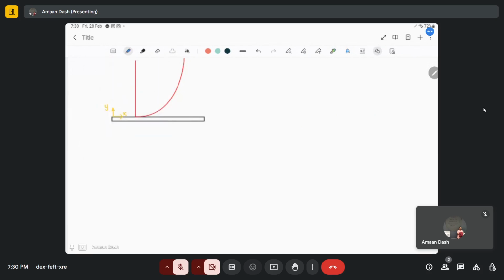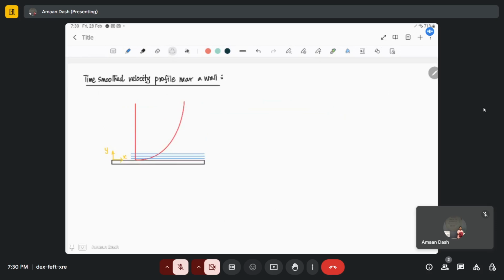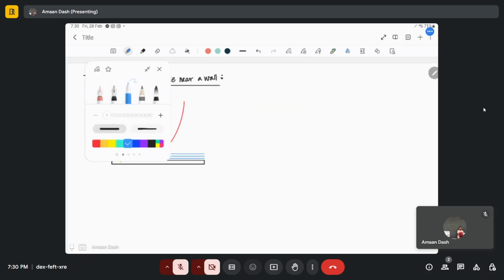Just draw. So there will be three layers. There are three layers that are very close to this wall. So this is flow near a flat surface. Okay.